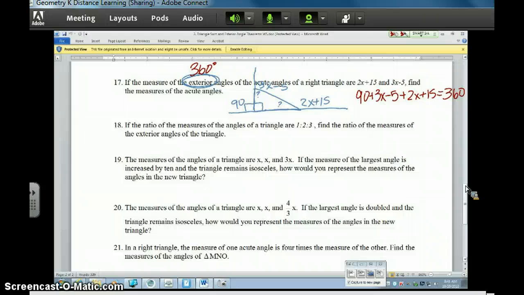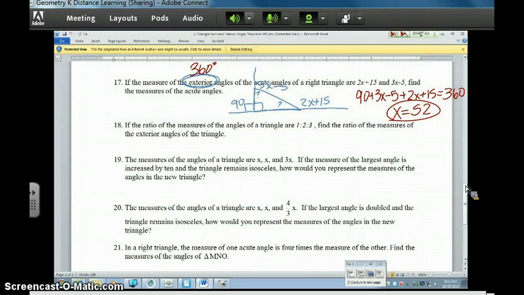Let's see. X is 52. Yep, perfect. So x is 52, so now we're going to plug it back in.